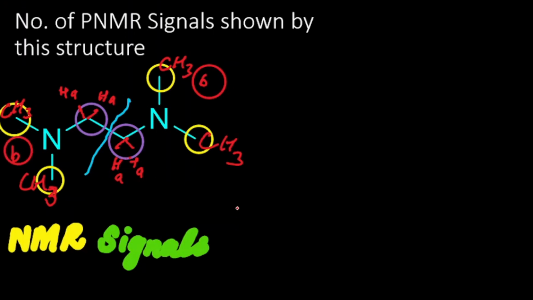So only two signals are present in the proton NMR, but the methyl group will give you an integration value of 12. It means 4 methyl groups are present here. Are you understanding why it is giving you two kinds of signals? Because of the same chemical environment. These four hydrogens are of the same chemical environment, and these 12 hydrogens, meaning these 4 methyl groups, are of the same type of hydrogens.